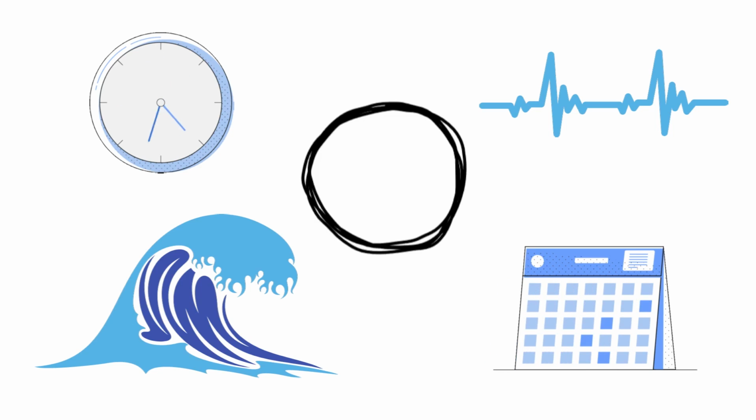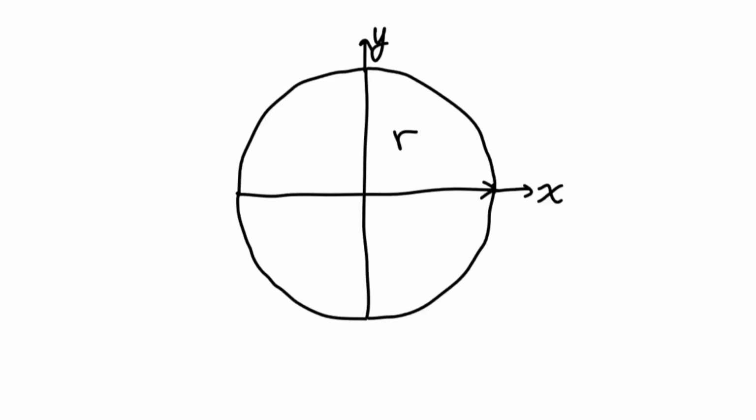So let's see how we can connect all of those pieces in order to create the relationship that will determine the unit circle trigonometry.